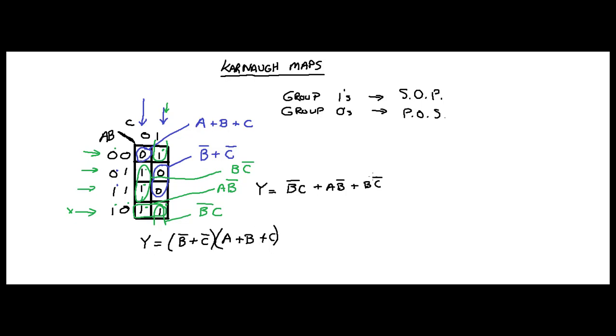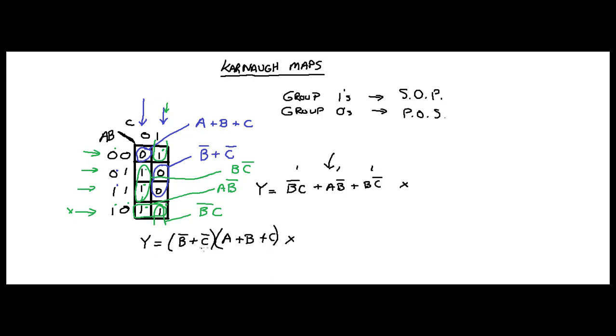You can either group it using the SOP method or the product of sums method, the POS method. So this method is using the SOP, this is the POS method, okay? It all depends what gate you have on hand, right? Obviously this one would require 3 AND gates, because you got one here, one here, and one here.